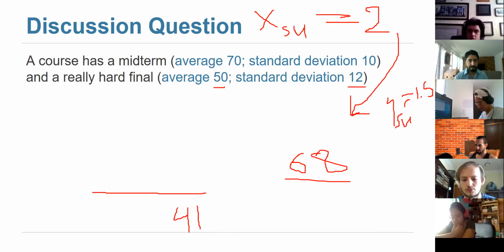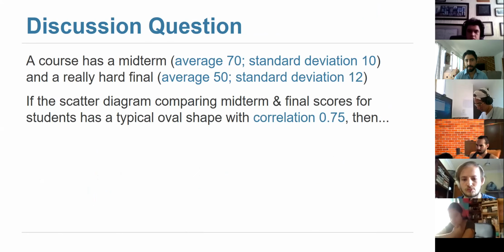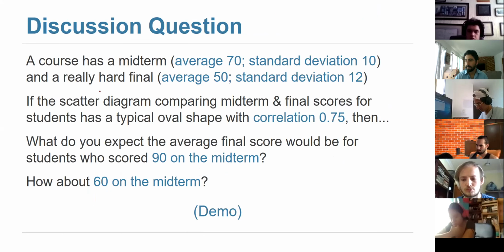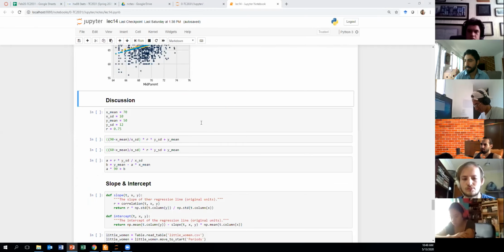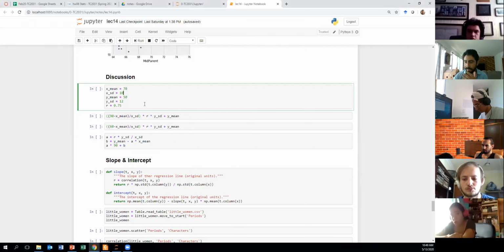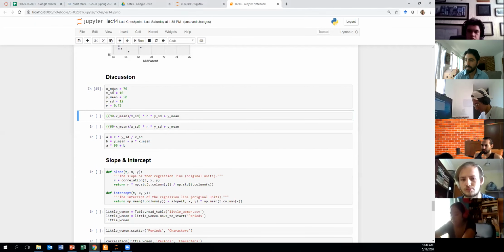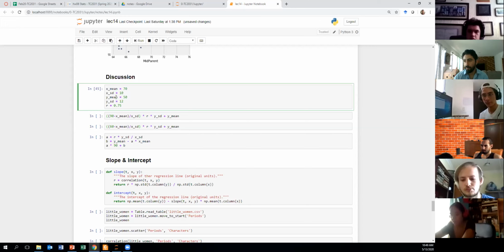So let me show that here. I put the same data here: the average for X, the X standard deviation, for Y the final, the standard deviation for the final, and the correlation.